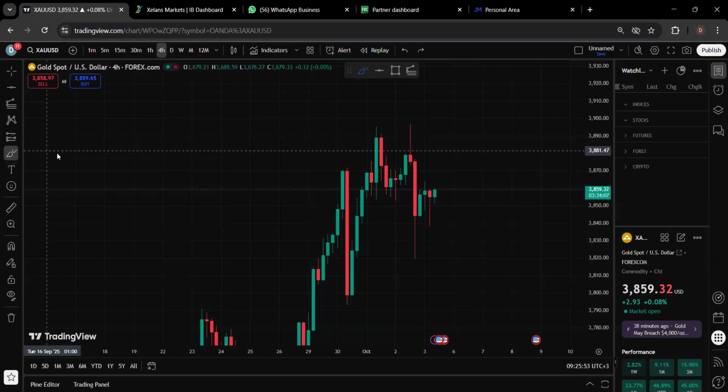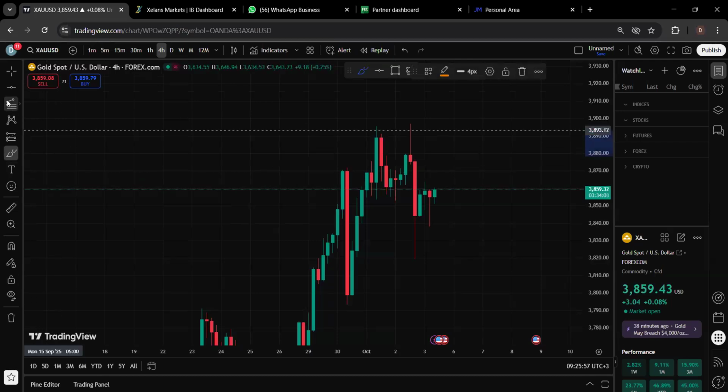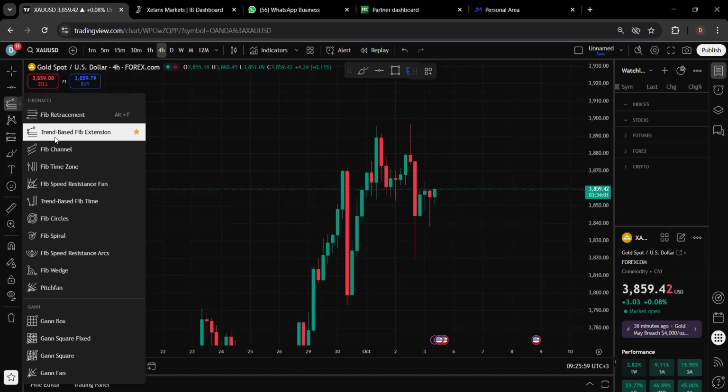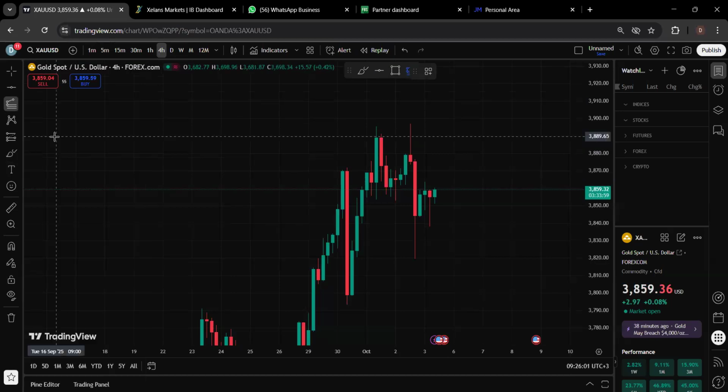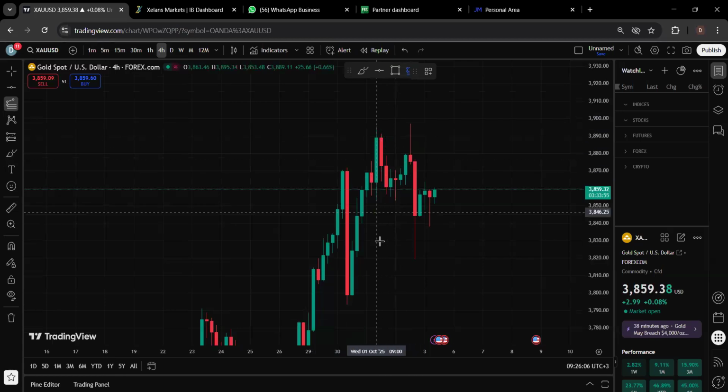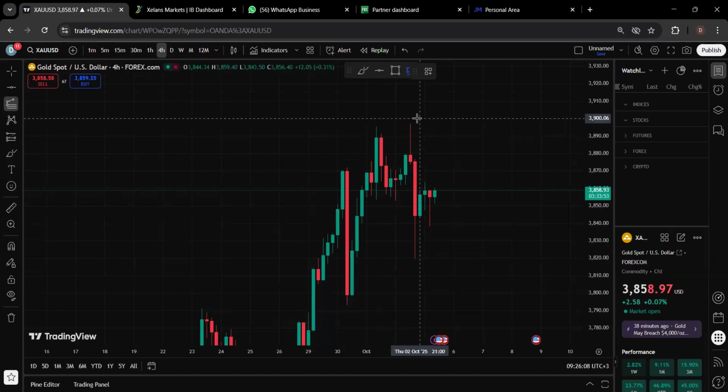I even went all the way to 1 minute. Oh, did you? I didn't see that. Look at this. Now let's draw again. You can even draw from this support to this resistance here. You can use the tallest wick as your support, and this as your resistance.